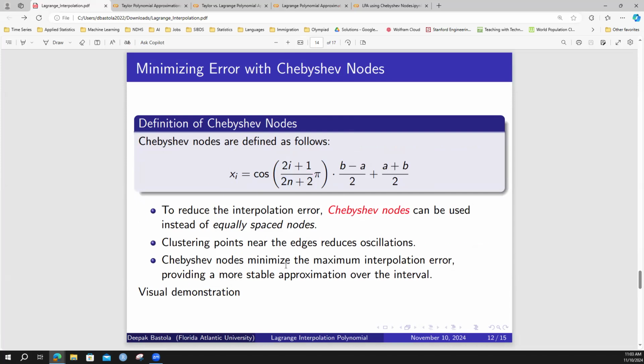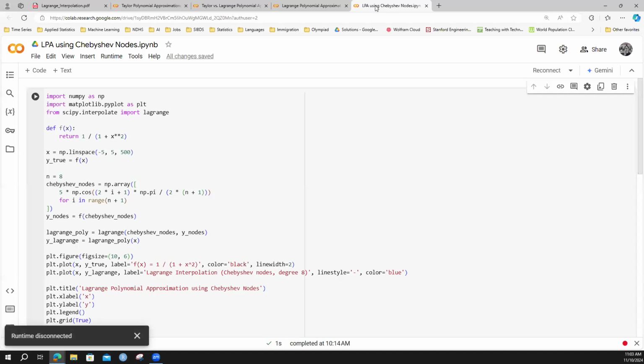So how does this work? If you apply Chebyshev to the first example that we have seen, 1 over 1 plus x squared, and you apply the Lagrange polynomial with Chebyshev nodes, how does it look? It will of course be better than the simple Lagrange polynomial with nodes at equal distance.